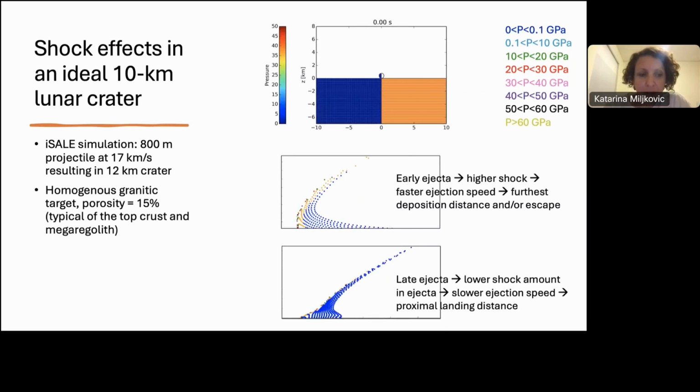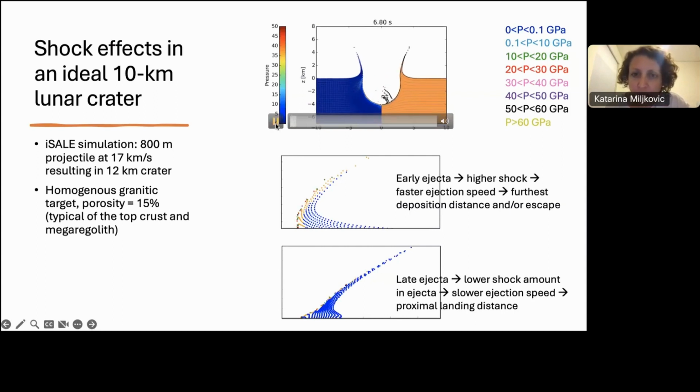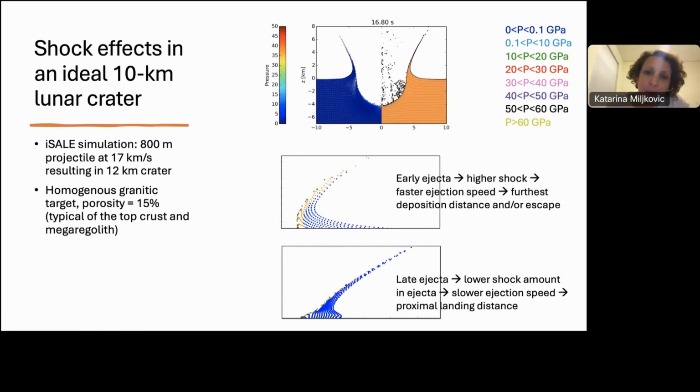So here is an example of a 10-kilometer crater. Let's see if I can possibly run this. I understand it might not stream very well, so I'll just run this really quickly, to this point. That's an example simulation of a crater that's 10 kilometers in diameter as a final crater, opening up into a transient crater.